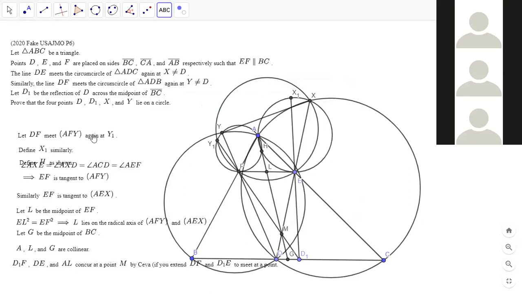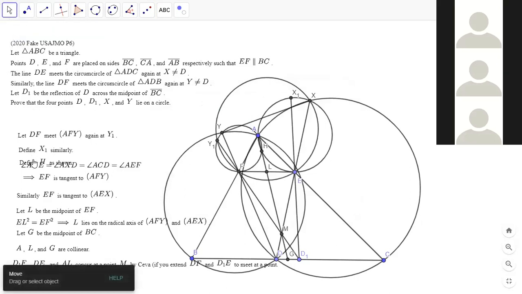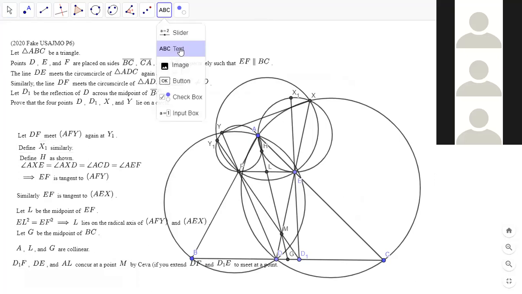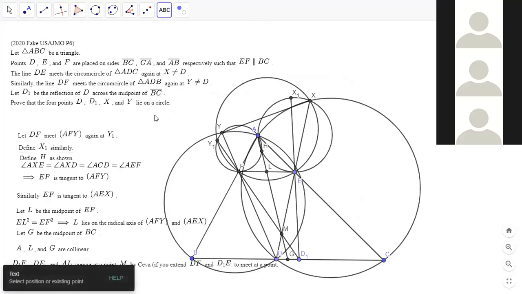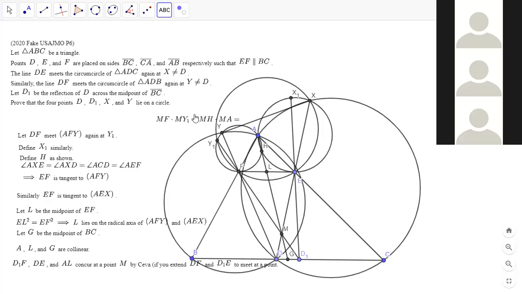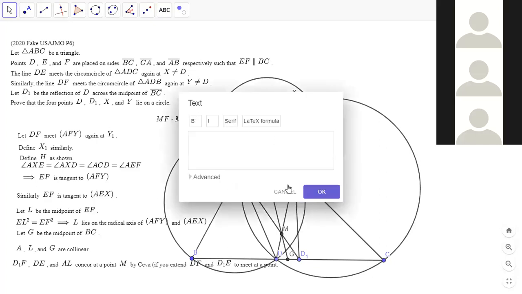So basically by power of a point, we have MF times MY1 equals MH times MA is equal to ME times MX.